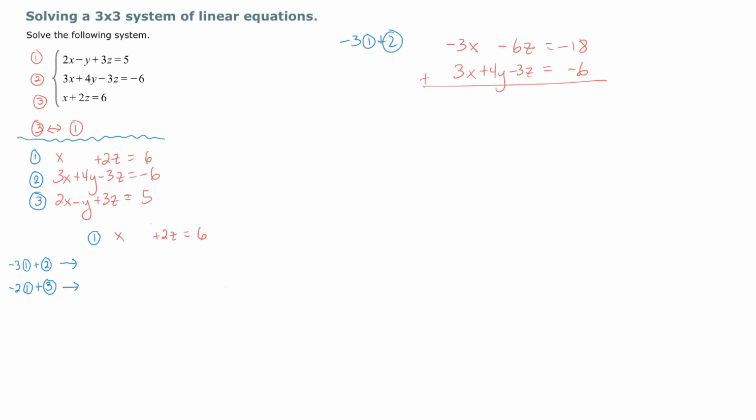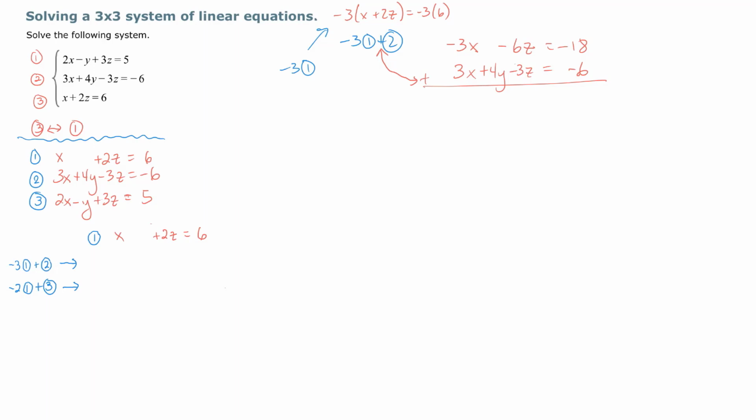And so that's why this plus sign is here. So you do negative 3 times equation 1, which is just saying negative 3 times x plus 2z is equal to negative 3 times 6. So that's the negative 3 times equation 1 part. And then you simply add equation 2 to that.